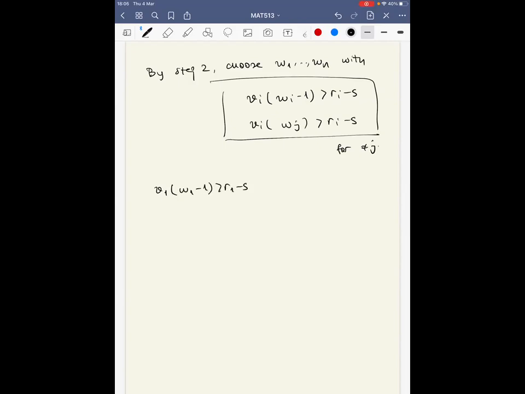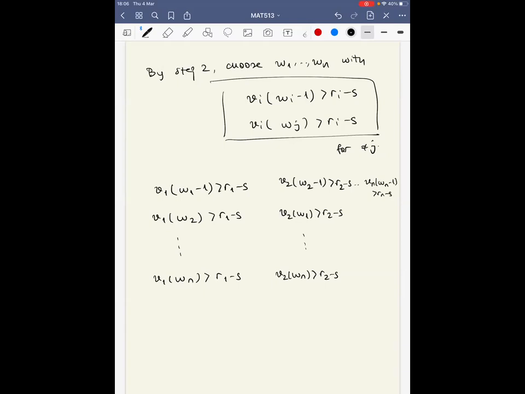We want to see the existence of omega 1 up to omega n, whose valuations satisfy these inequalities for each place, down to Rn minus S: Vn of omega n minus 1 is bigger than Rn minus S. And let me call it table 2.